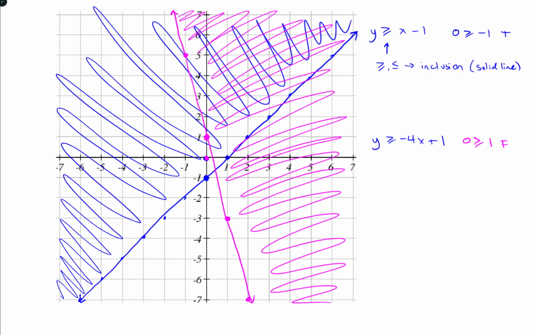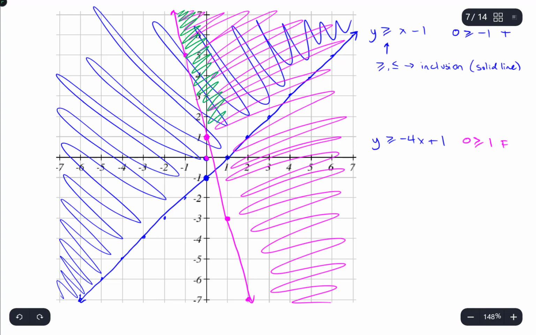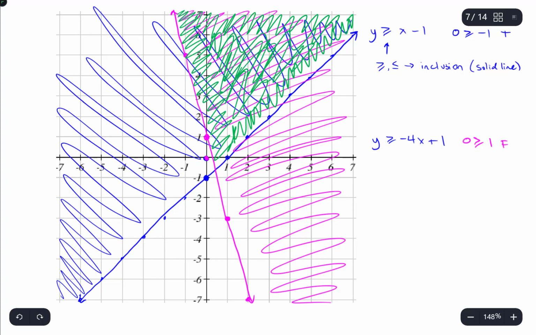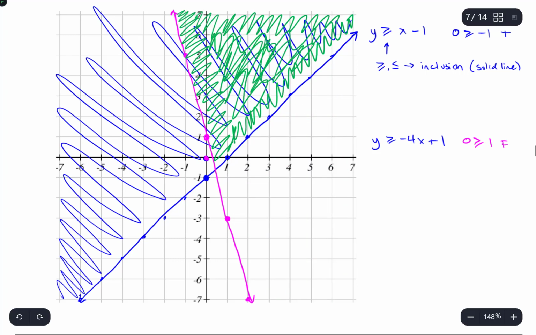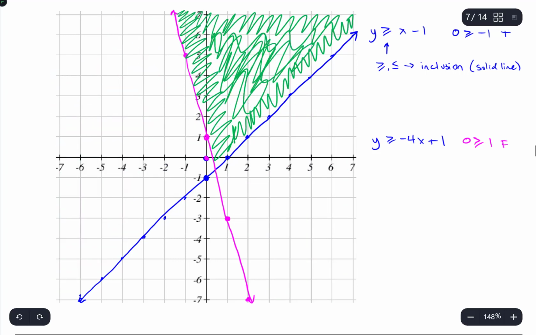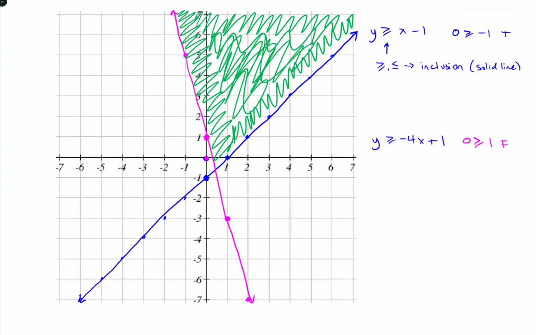The solution region overall is where these two different solution regions overlap one another, which is going to be right through here. And I'll do it in a different color so that it shows up a little bit better. And if I erase these, that should make it make a little bit more sense.